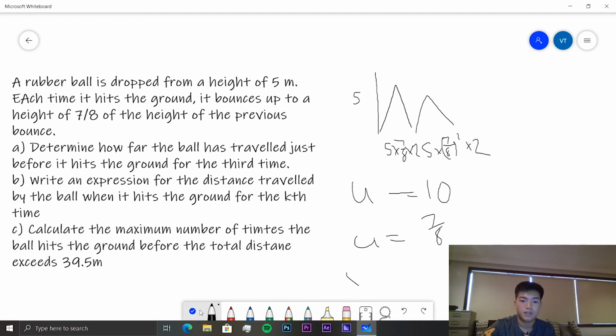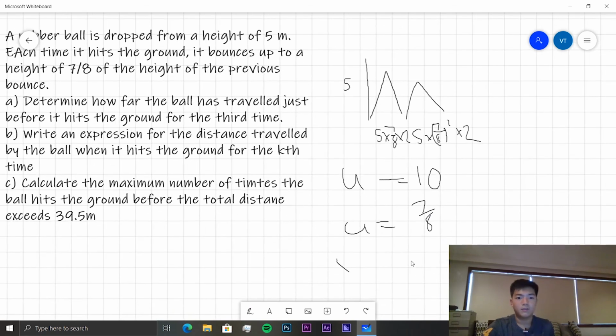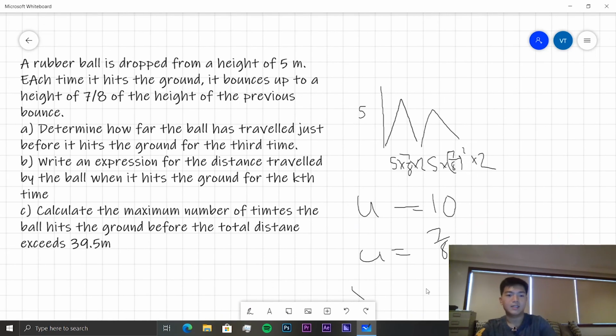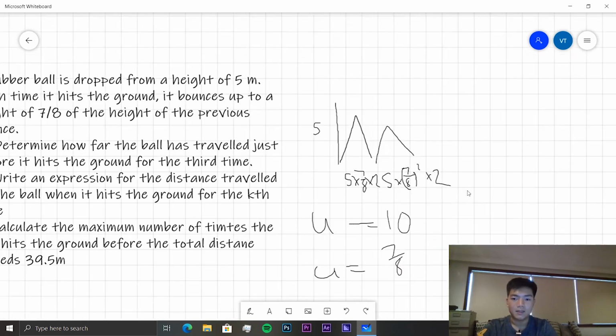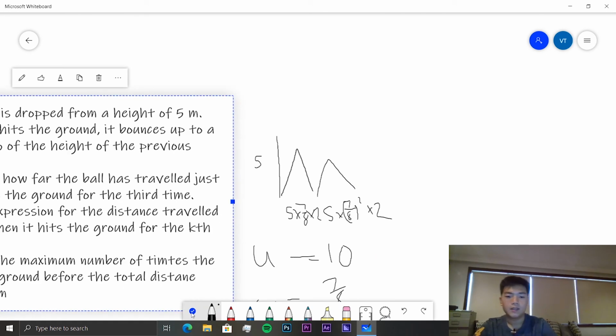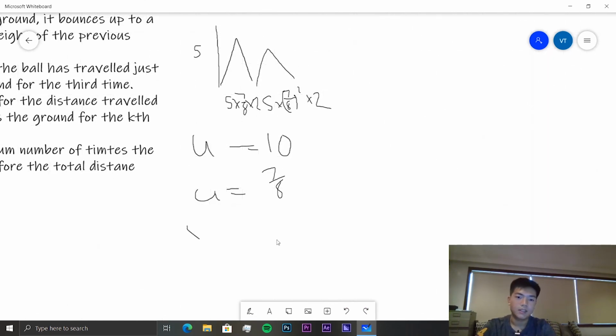So in order to get the sum the ball has traveled before it hits the ground for the third time, actually, we need to calculate this manually. This would be a geometric sequence, so it would be first term 10, common ratio 7/8, and actually, I mean, technically we have to subtract 5 from the sum.